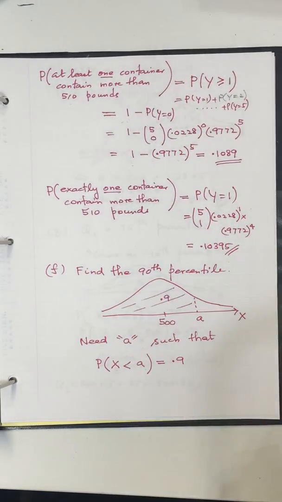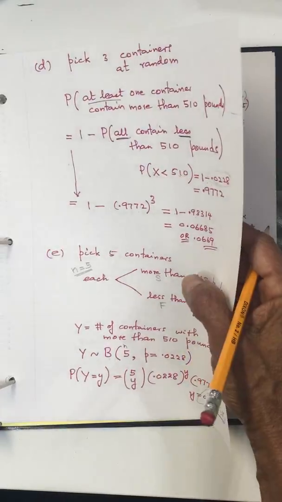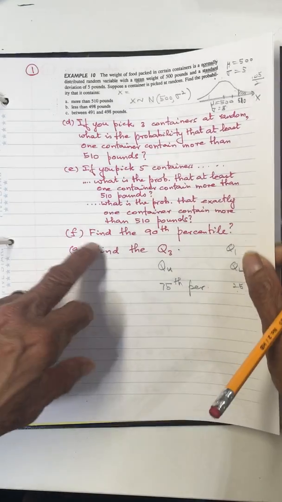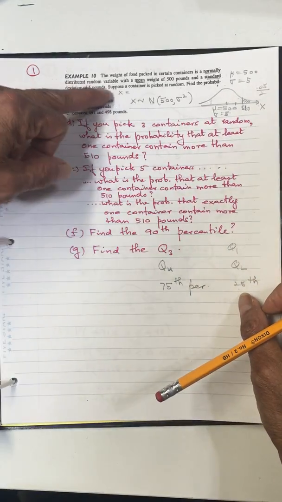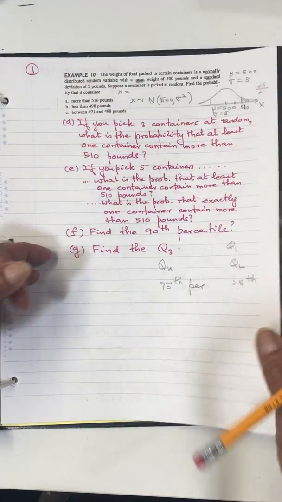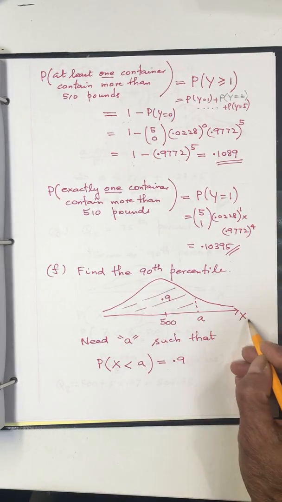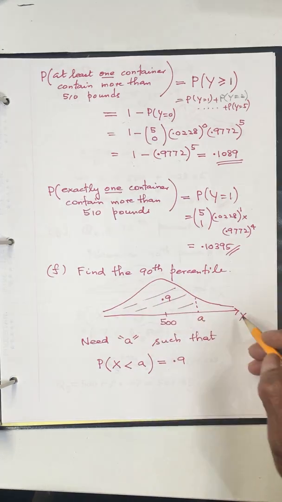Then part F is to find the 90th percentile of these x values. When you say 90th percentile, this is the x random variable, the probability distribution.